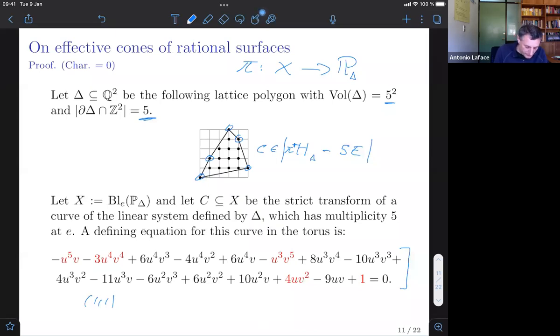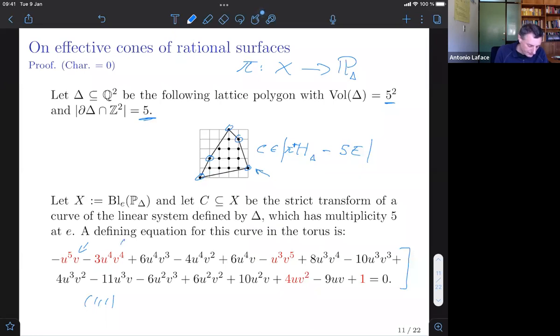So if you look at the defining polynomial of this curve, you can see that there are some red monomials. Those are the monomials whose exponents are vertices of the polygon. For example, this one is the vertex (5,1). It's this vertex.